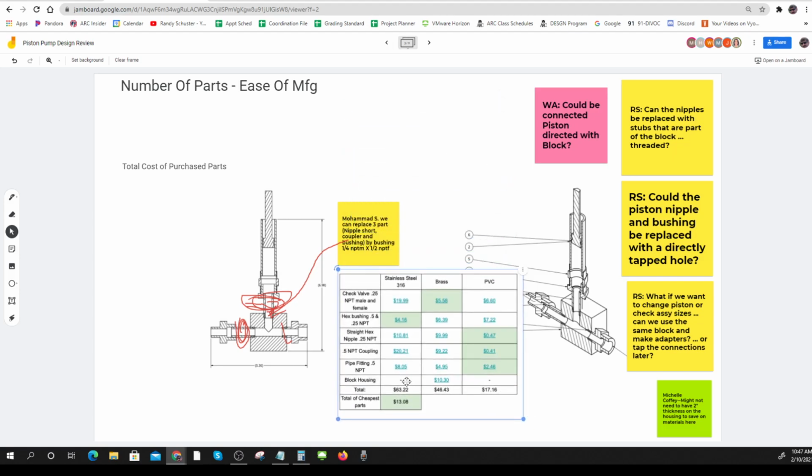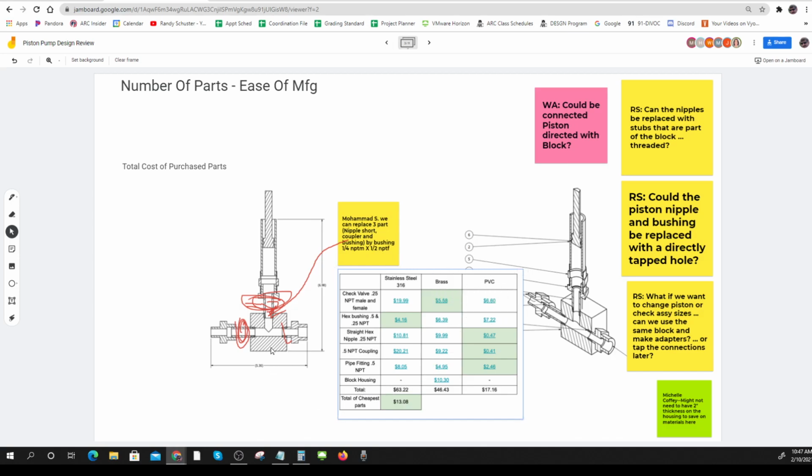When we start looking at our materials and we start figuring out corrosion and things like that, $63 to $13. Really, it's not the size of my design that's going to make the big difference. It's my material selection.